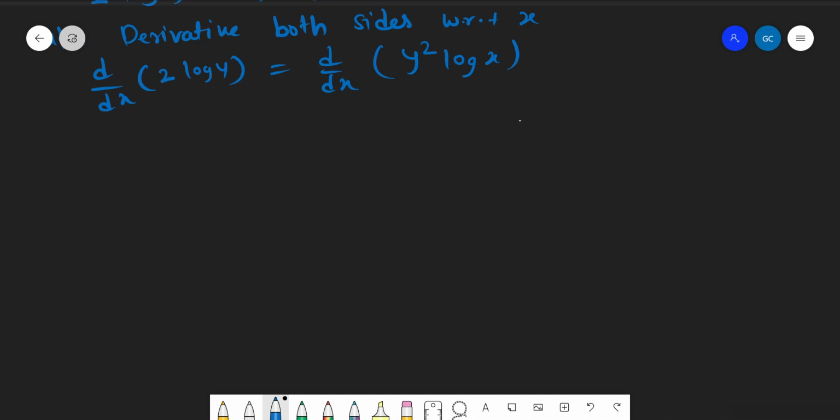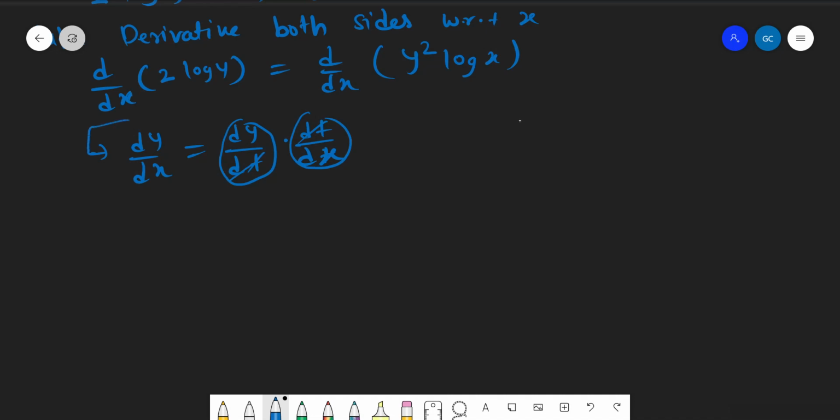As I have already mentioned, if you have to take the derivative of anything that is not with respect to that variable, then you have to change it. Suppose I want dy by dx; we can write dy by dt, then dt by dx, so the dt gets cancelled out and it becomes dy by dx.